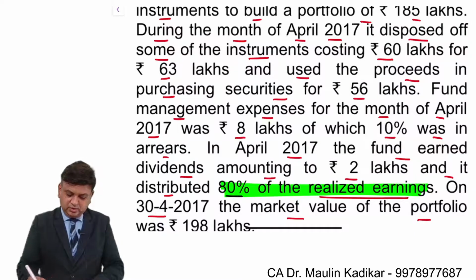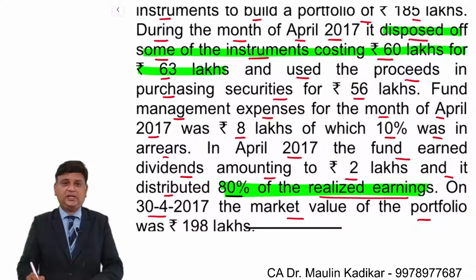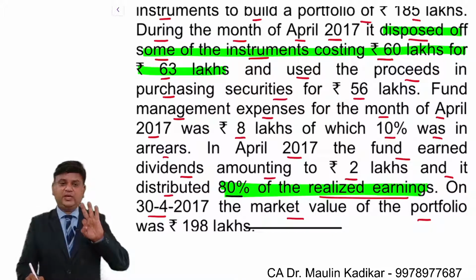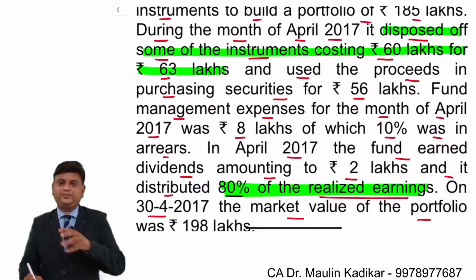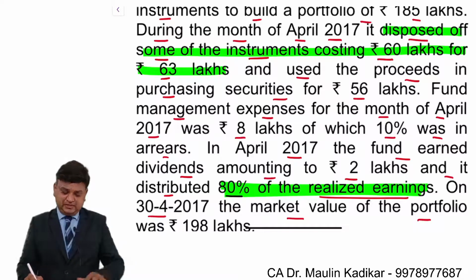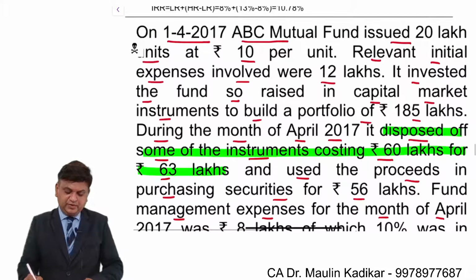The mutual fund disposed of some of the instruments costing 60 lakhs for 63 lakhs. So what is the capital gain to the mutual fund? 3 lakhs of rupees. Listen to me carefully. Of this 3 lakhs, 80% is distributed. That is 2,40,000 rupees. How many units have been issued? 20 lakhs.